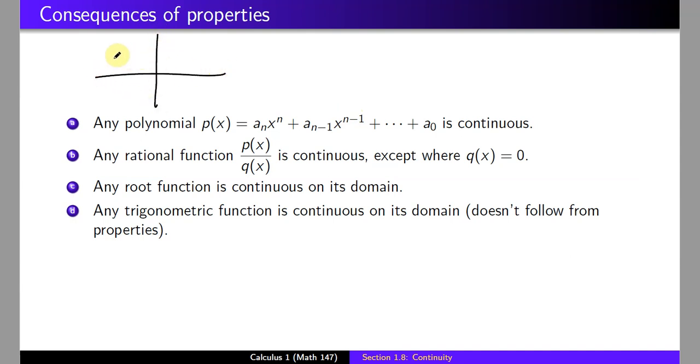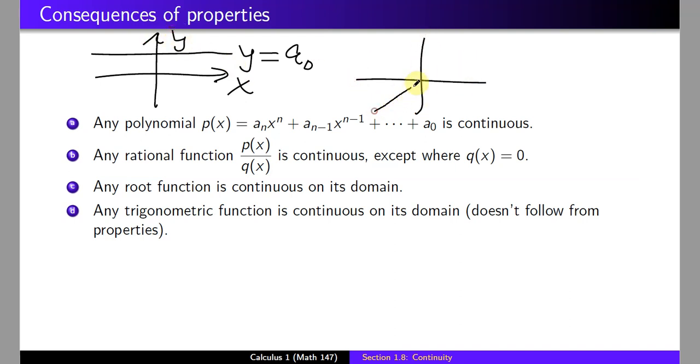Okay, so first off, a constant function, I think anyone would agree, just looking at the definition, that this constant function is continuous, right? And you'd probably also agree that y equals x is continuous, right? From there, we can use those limit properties to build up to any polynomial being continuous.